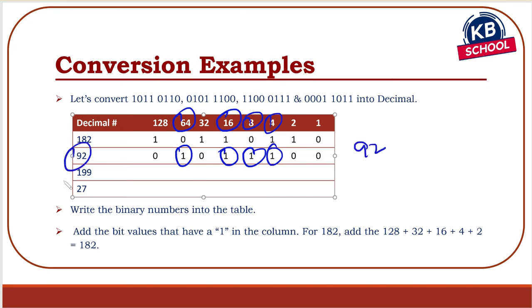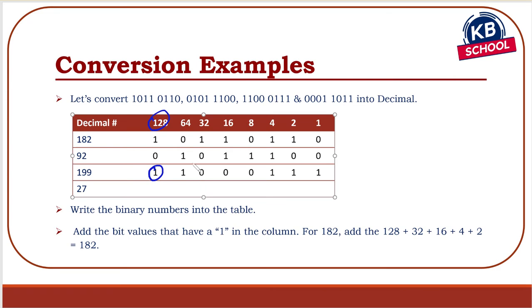Very simple. Again, plug in the bits for the third number, which is 1, 1, 0, 0, 0, 1, 1, and 1. So that number, again, if I add the corresponding bit values together, I'll add 128 because it's turned on. Add 64, it's turned on, which is 192.